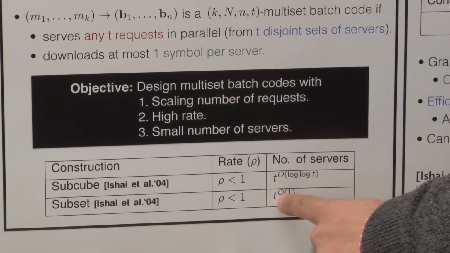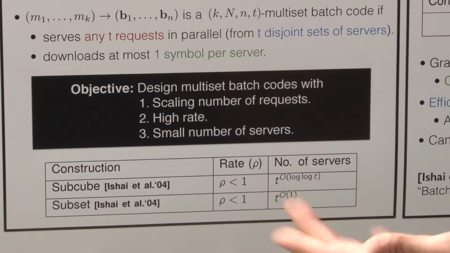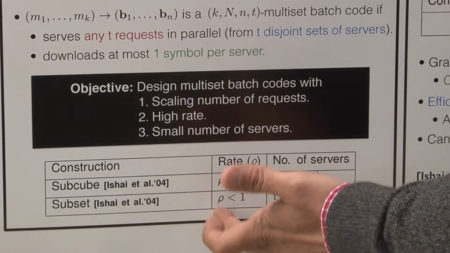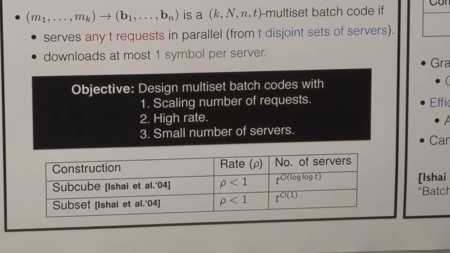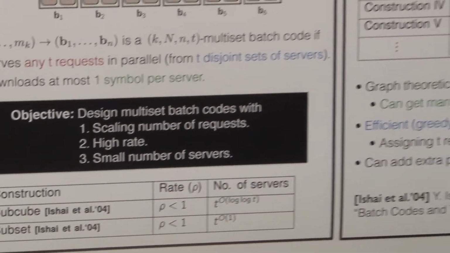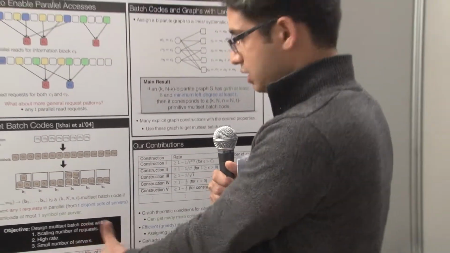In the second construction, they need T to the power of some order 1 servers, but the problem there is that when your rate becomes very close to 1, the exponent of this polynomial can be pretty large. So now our job is to construct multi-set batch codes which do not suffer from this phenomenon.